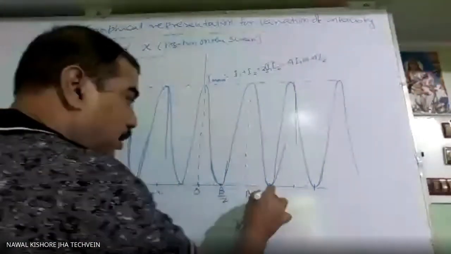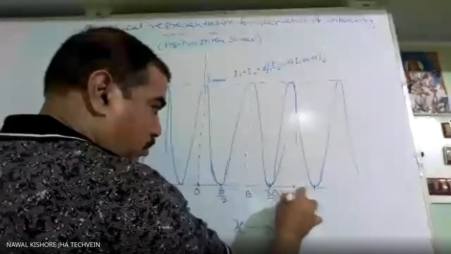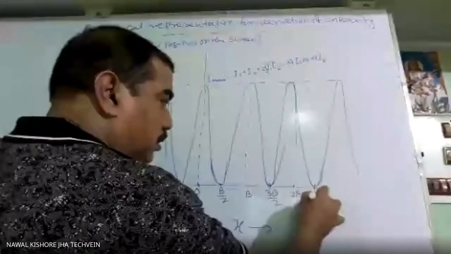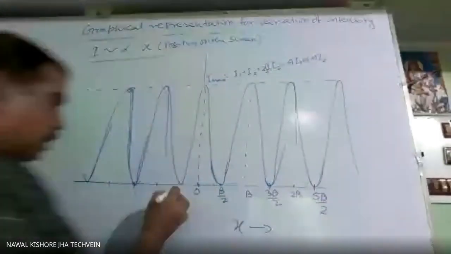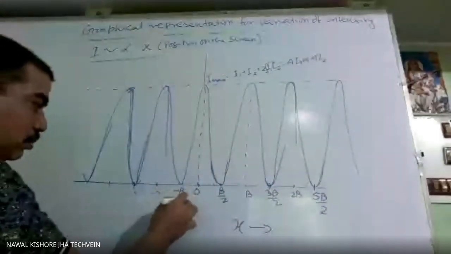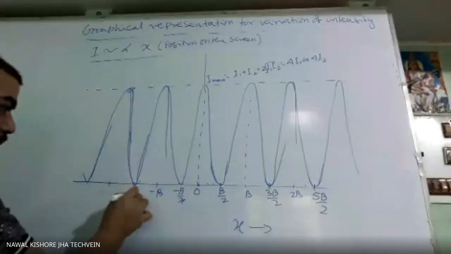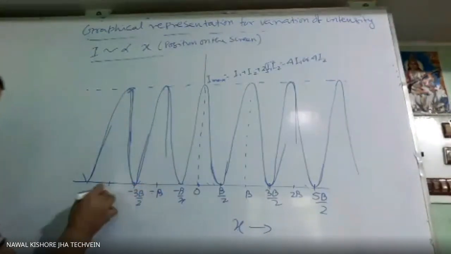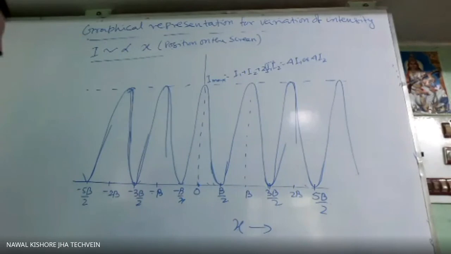This is beta. This is 3 beta by 2. This is 2 beta. This is 5 beta over 2. This side is minus beta by 2, minus beta, minus 3 beta over 2.